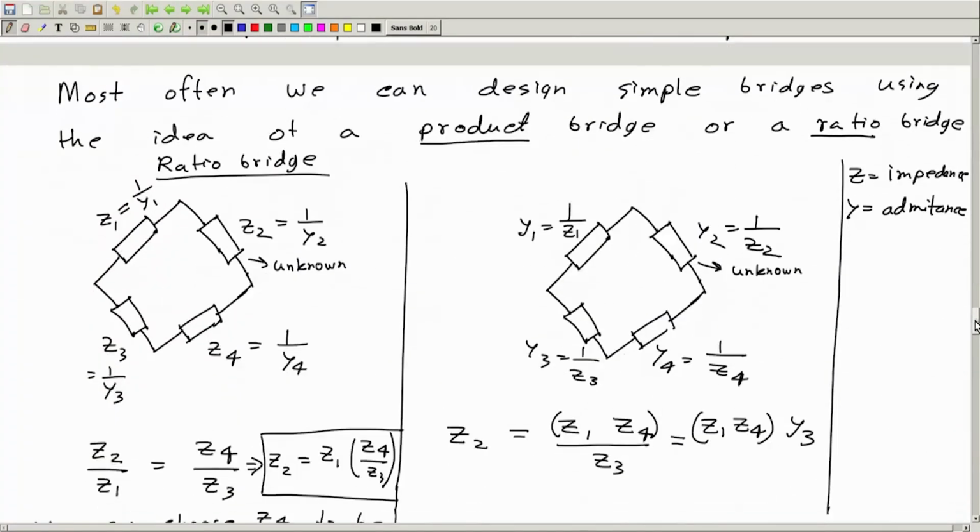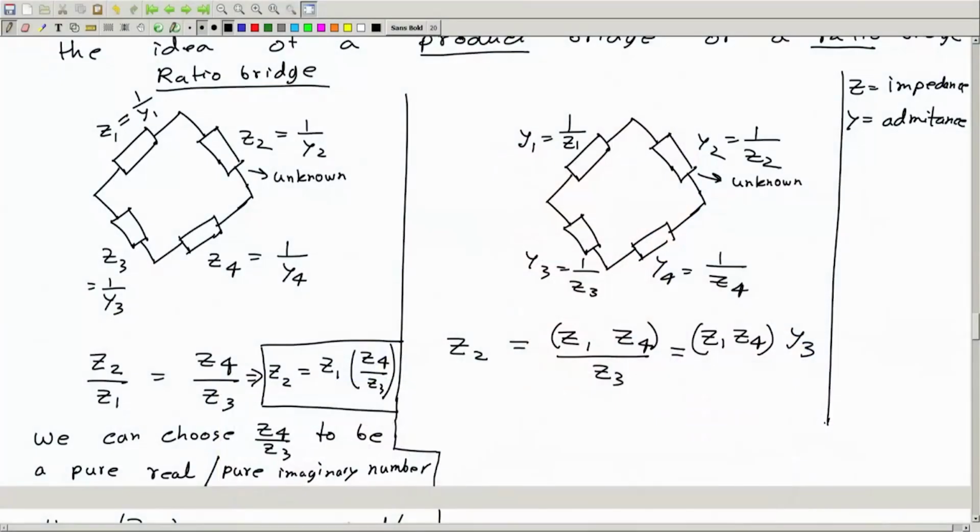Now, similarly, another type of bridge that we can design or configure, keeping this equation in mind: Z2 is equal to Z1 Z4 multiplied by Y3.